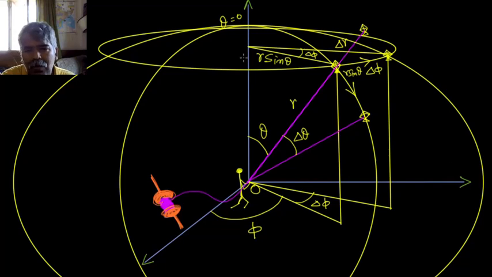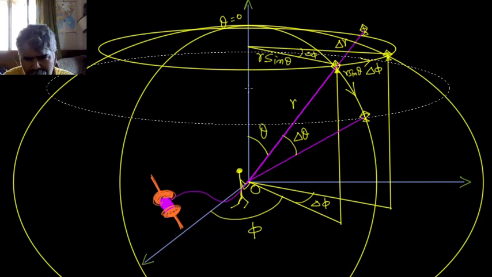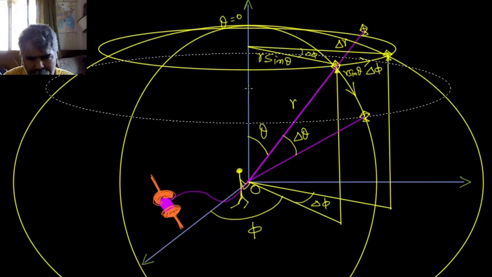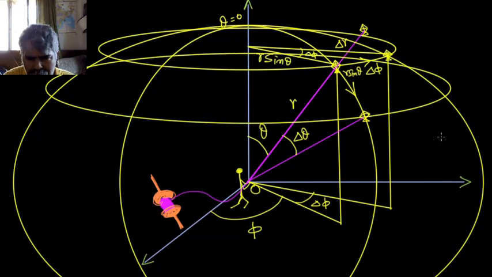And now this new position of the kite is the intersection of the new theta line and new phi line, and this section is the area of the circle. You can easily think of it.